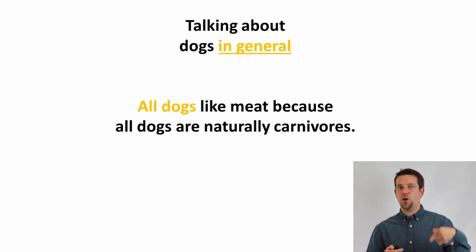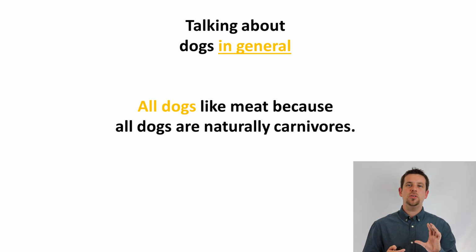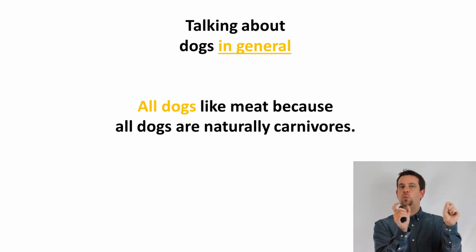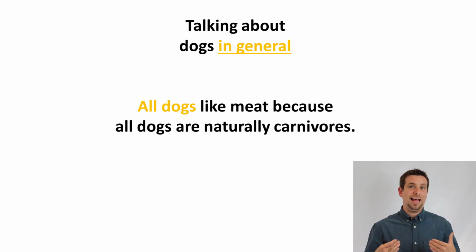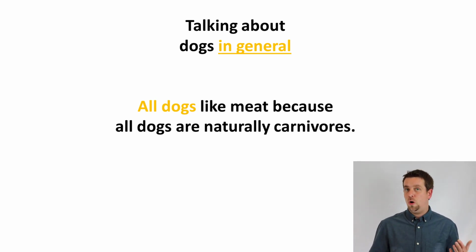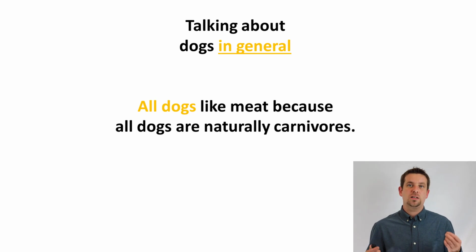If we're talking about dogs in general, here is where we can say "all dogs." The moment that you use "all" and a simple noun with no "the," we're talking just about in general, all dogs. All dogs like meat because all dogs are naturally carnivores. Right? It's part of their nature.